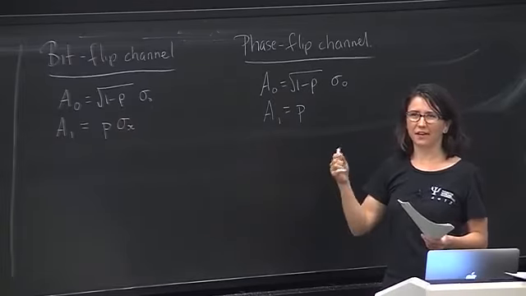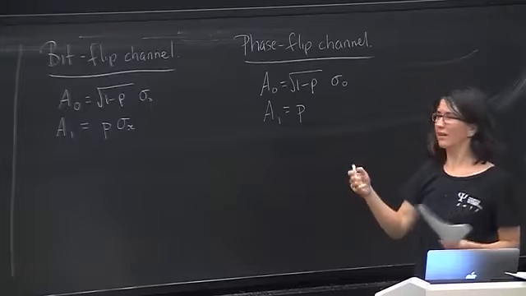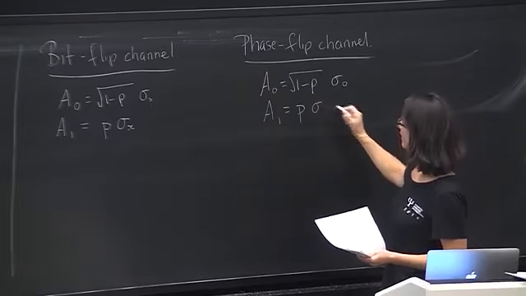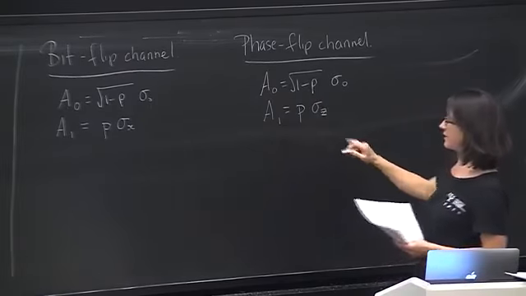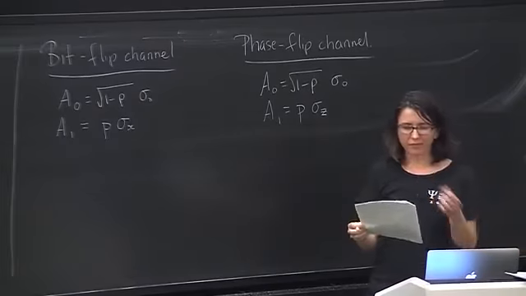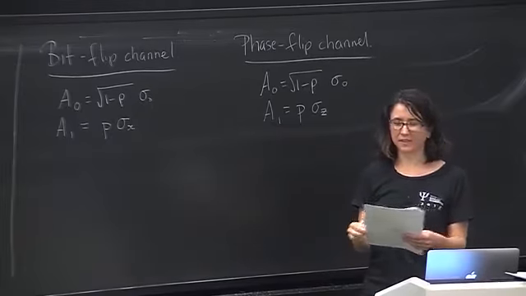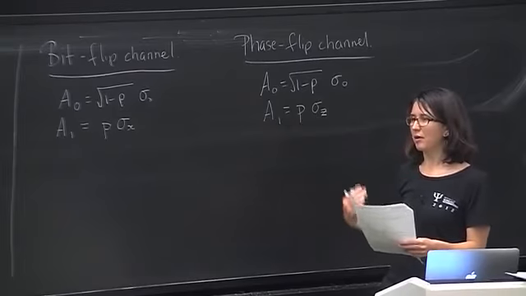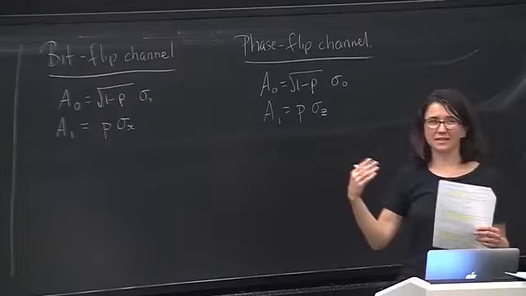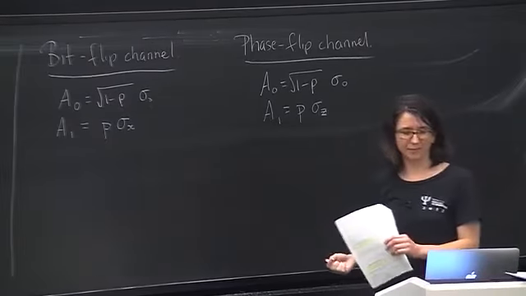So it changes the phase in front of the 1 in a coherent superposition. We can do that by applying the sigma z operator. And there is something called the depolarizing channel, which has a lot of Kraus operators, which I don't want to write down. But the depolarizing channel with some probability p, does nothing. And the rest of the time, it replaces your state with the completely mixed state.